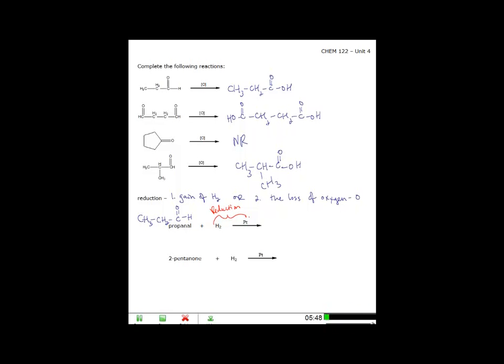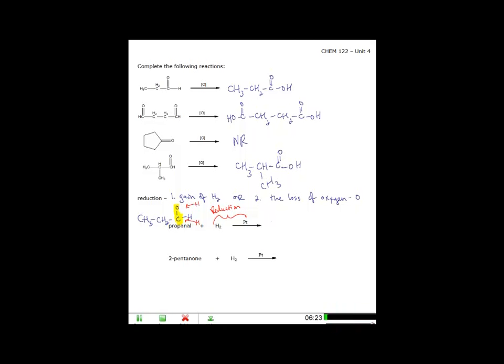So, when you have an aldehyde or a ketone in the presence of hydrogen and a catalyst, the bond that will change is the carbonyl. I'm highlighting the carbonyl. You're going to have hydrogen added across the carbonyl bond, and then the double bond no longer is in place. So this is kind of the reverse of oxidation of alcohols.